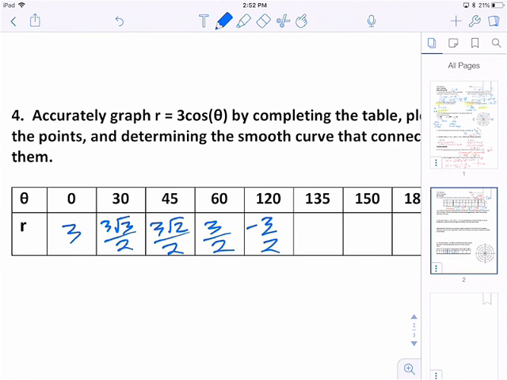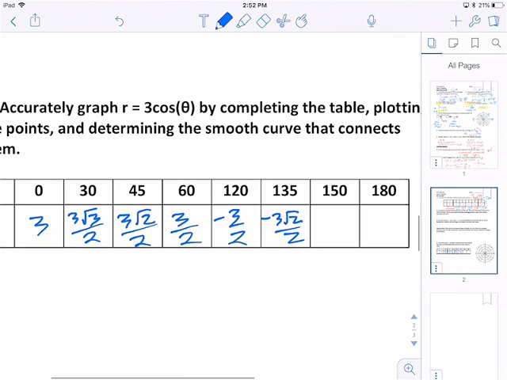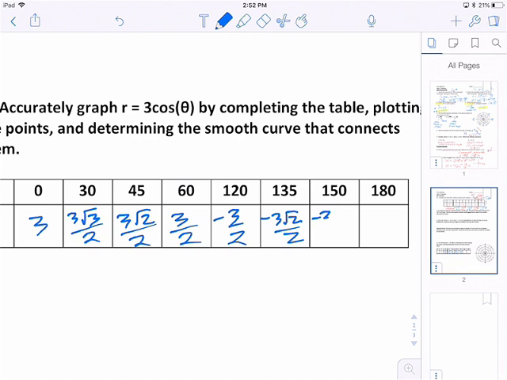So you're tripling nice unit circle values. So -3 square roots of 2 over 2. And then for 150, cosine is square root of 3 over 2, so it's 3 square roots of 3 over 2. And then 180, cosine is -1. So you get -3.